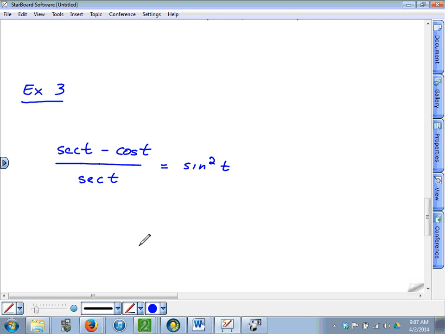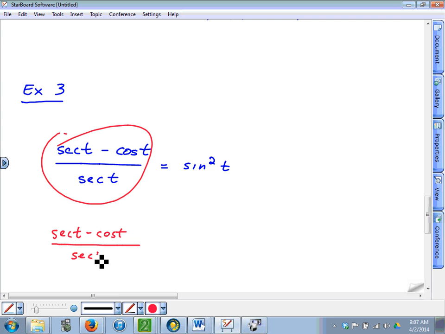Well, we could manipulate it so that they eventually could. The secant's connected to the cosine. However, what about this? Is it safe to say that we're going to choose the left side as our starting point? Okay. So, secant of t minus cosine of t over secant of t.